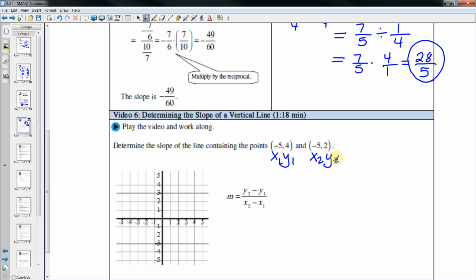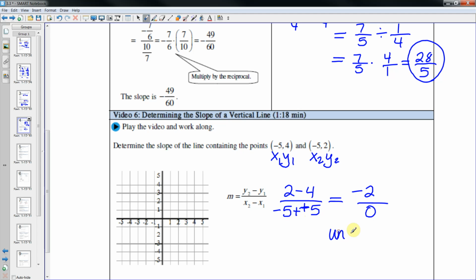Now it says determine the slope of a vertical line. If I'm just looking at the two ordered pairs, I may not recognize right away that it's a vertical line. But as soon as I put them in the formula, 2 minus 4 over negative 5 minus another negative 5. 2 minus 4 is negative 2 over, when I take my double negatives and make a positive, that comes to 0.